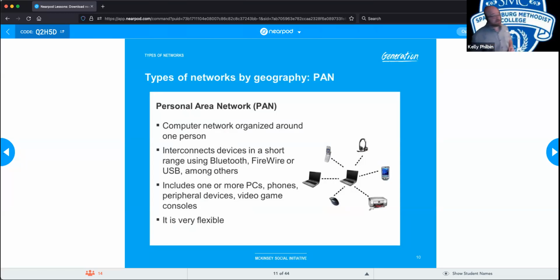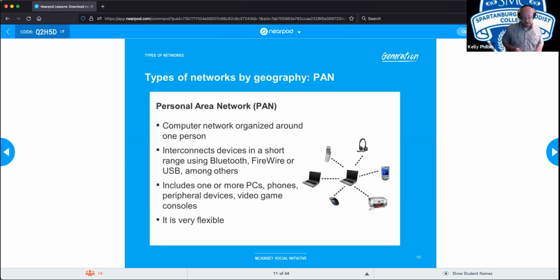More often than not, the central node is our cell phones. And all the multiple Bluetooth devices, we hook up to it. So we may share resources with headphones. We may share resources with printers off of our phone. We may print to a wireless enabled printer that would put that printer within our personal area network.